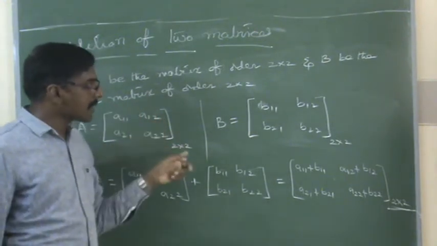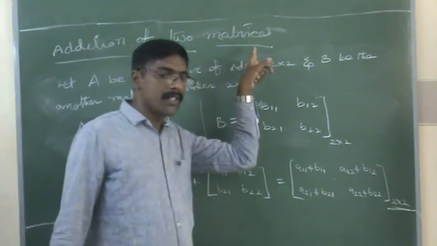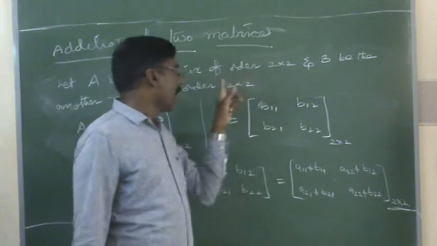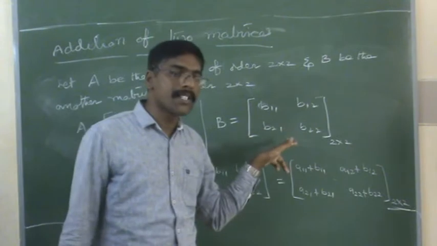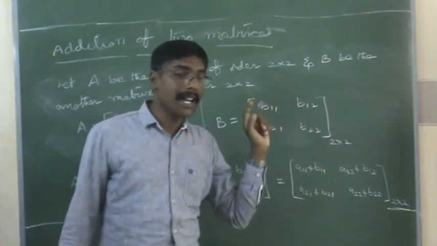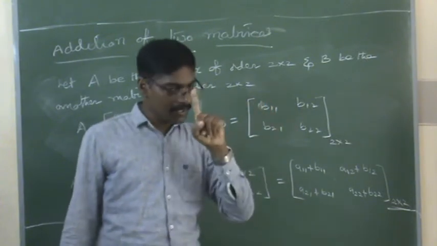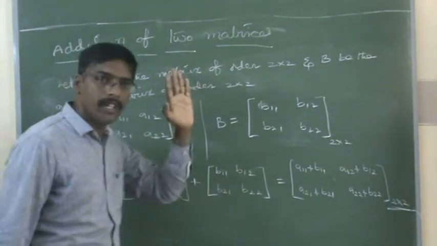First we need to understand the addition of two matrices topic. Whenever we are choosing, immediately we have to check the condition: is addition of the two matrices possible or not? What is the condition for addition of the two matrices to be possible? First important one is their order should be the same. First we need to check.